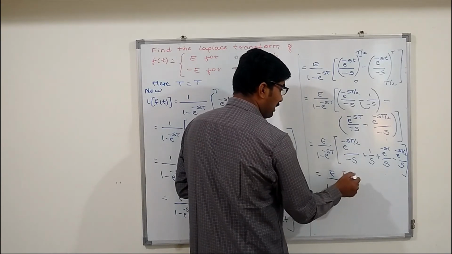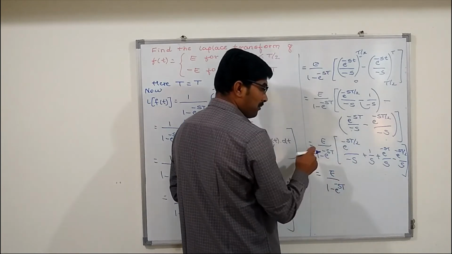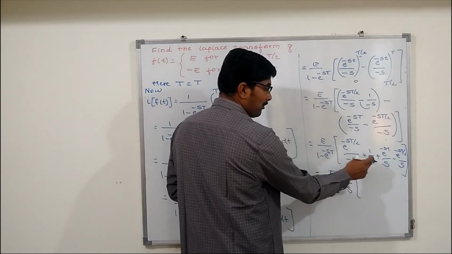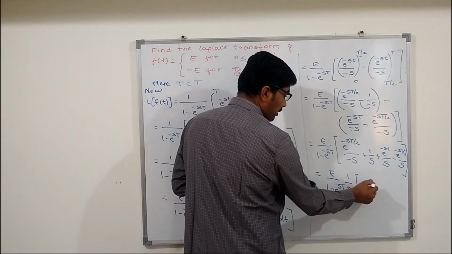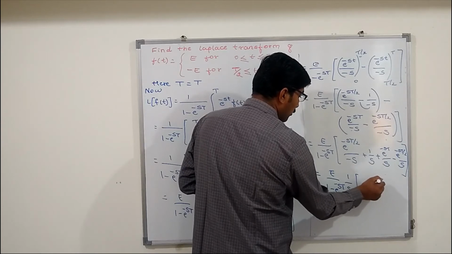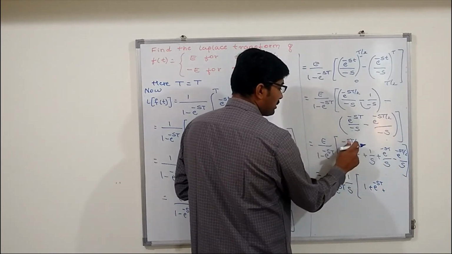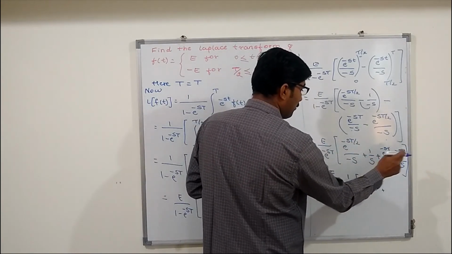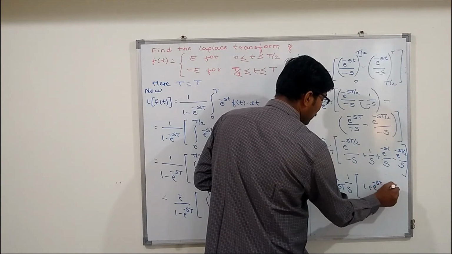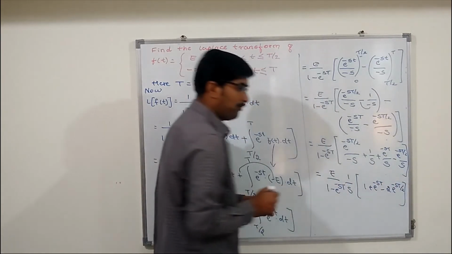Now if you simplify, you can take 1 by s outside. If you take 1 divided by s outside, here we are left with 1, then here we are left with plus e raised to minus st, and here we are left with plus e raised to minus st by 2 minus e raised to minus st by 2 minus 2 times e raised to minus st divided by 2.